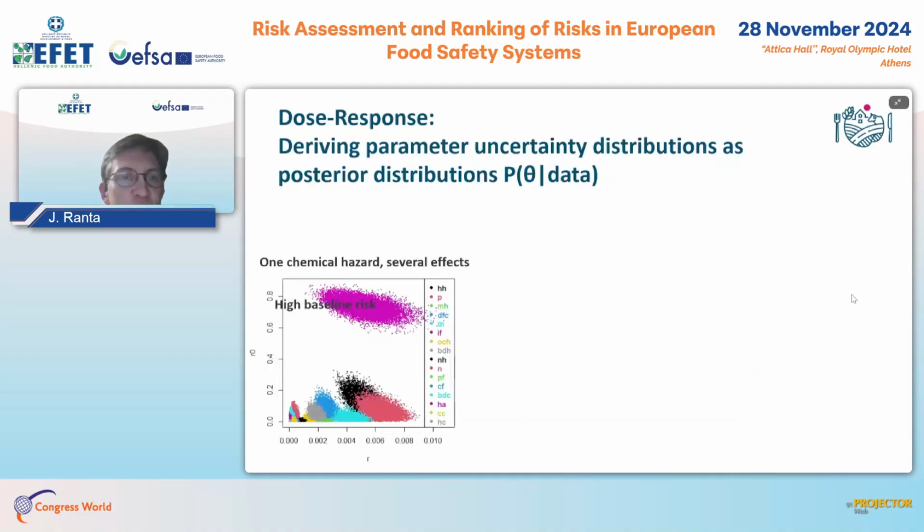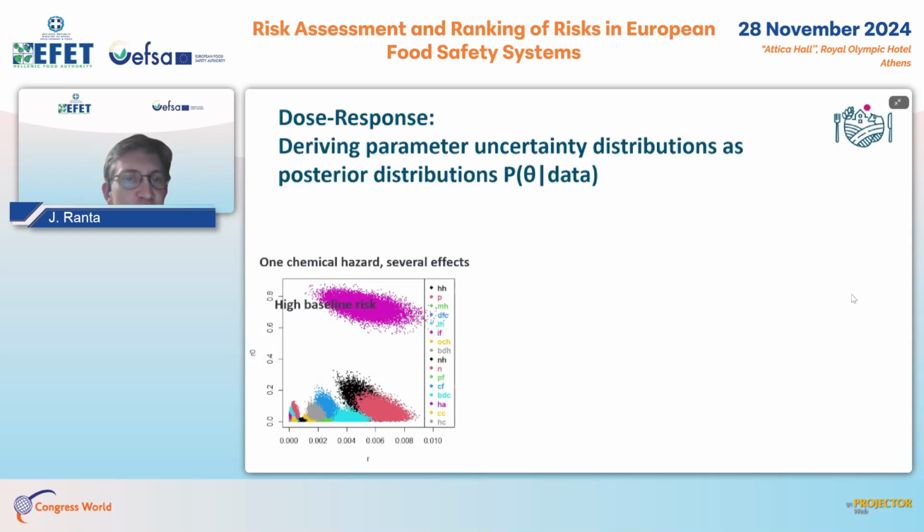So, about quantifying the uncertainties that can be quantified. We can derive parameter uncertainty distributions as posterior distributions from the dose response data. This picture shows what it might look like for one chemical hazard that has several different possible effects.